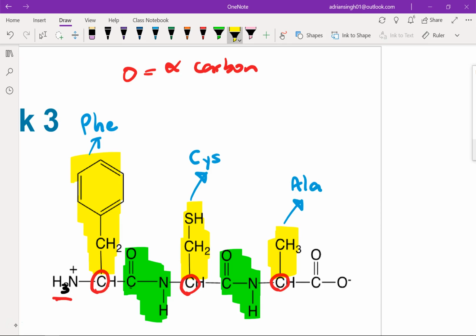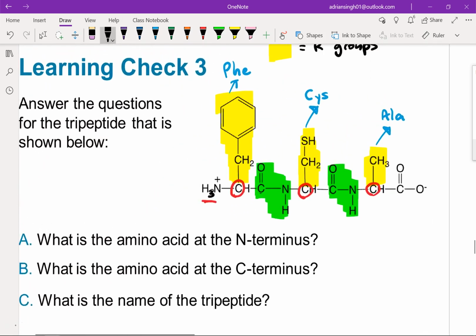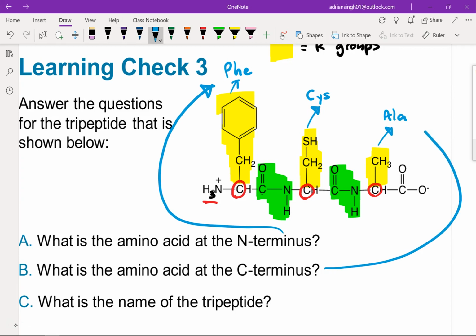What will point you in that direction is to find your amide bonds, which you already know what an amide bond looks like. We did that in the earlier chapters. Now we can answer the questions. What's the amino acid at the N terminus? That is going to be your phenylalanine. The amino acid at the C terminus is going to be your alanine.